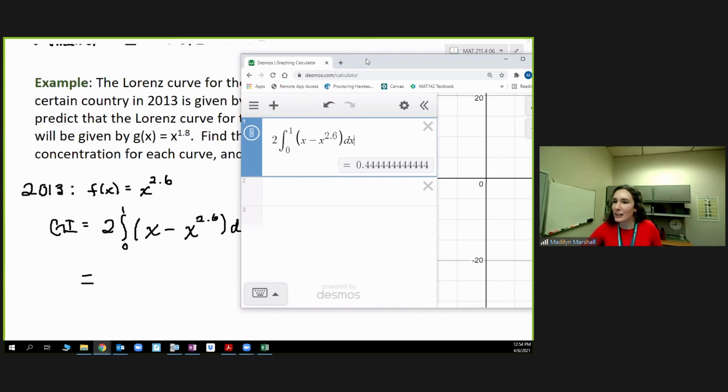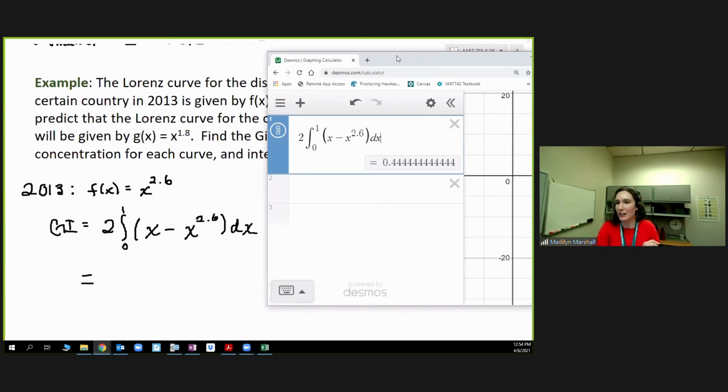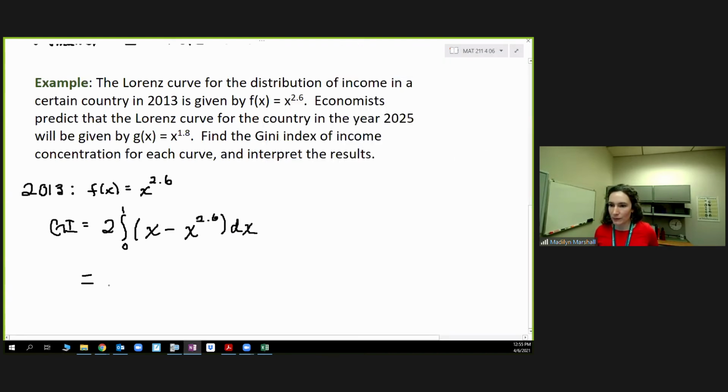And these, just FYI on the test, I said to round to 3 decimal places. I'm pretty sure that's what the book says as well. So we'll round to 3 here. So 0.444. So this is good. If you get a result that's out of the 0 to 1 range, then that's a good indication that something went wrong. But this is between 0 and 1, so that's good.